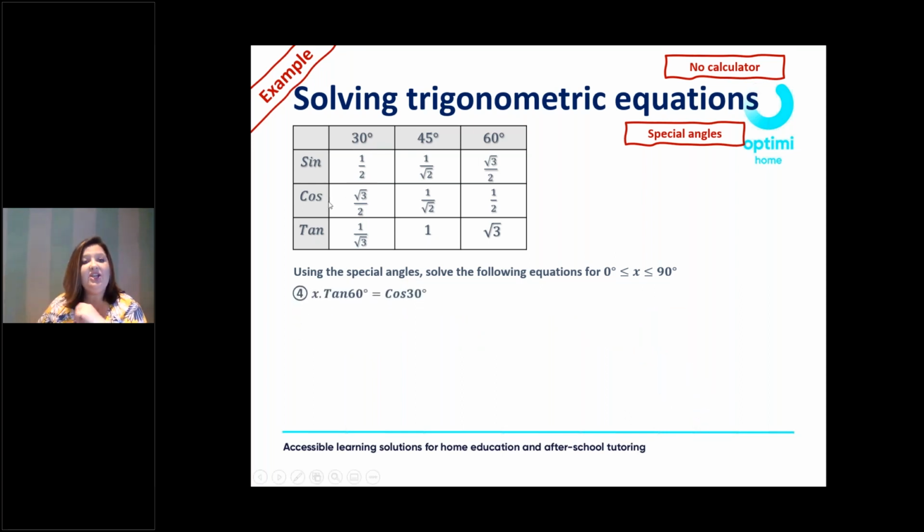No, it can be any of the 3 that can be linked to special angles. Your indicator should be your special angles, your 30, your 45, and your 60 degrees. When you see those 3, it can be any of these expressions over here. Okay, thank you, ma'am. Pleasure. Bye-bye.